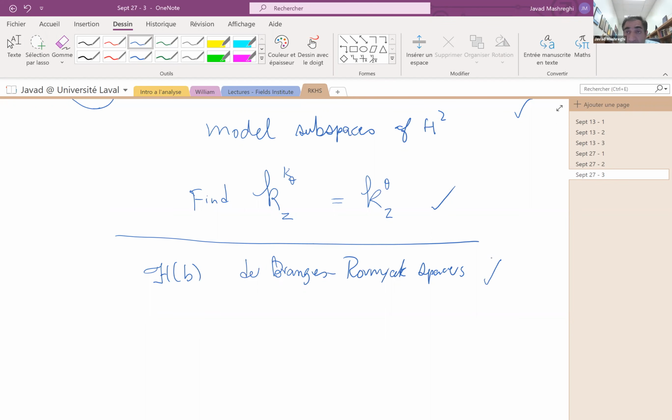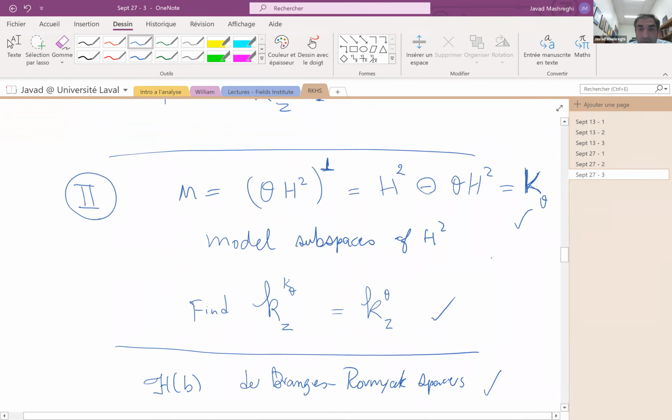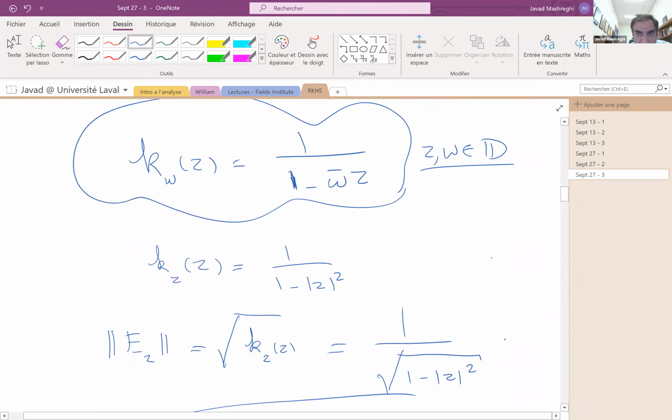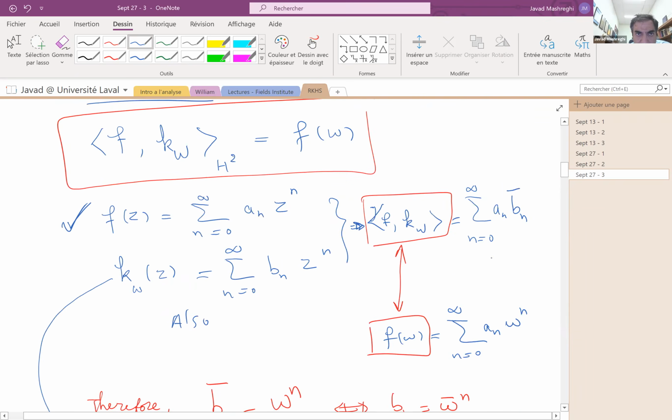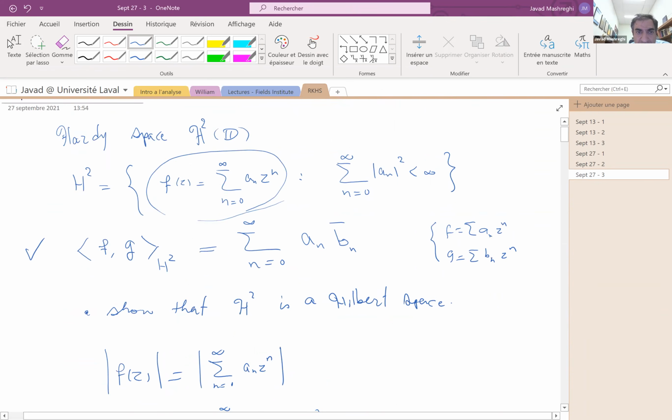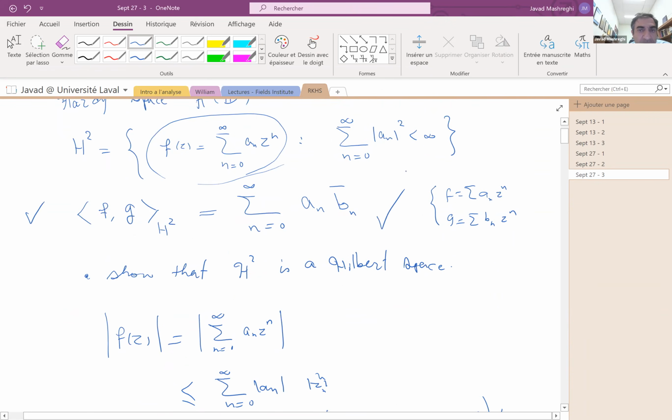In all previous cases, all the time, we had a formula based on an integral formula, the one we just saw, here it is. By this, I mean an explicit formula. I have an explicit formula for the calculation of the inner product.